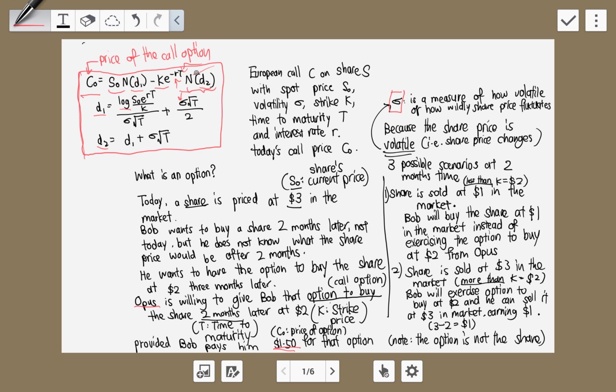So N here, actually the whole thing here, is a function. D1 and D2 are the inputs to the function, and this function is what we call the cumulative distribution function for a normal distribution. If you learn statistics, then you know what a normal distribution is. A normal distribution follows the shape of a bell curve. We shall not go into it deeply here, so just study some statistics to find out about the normal distribution.